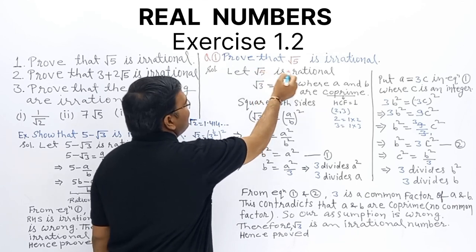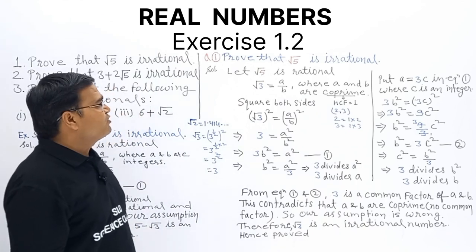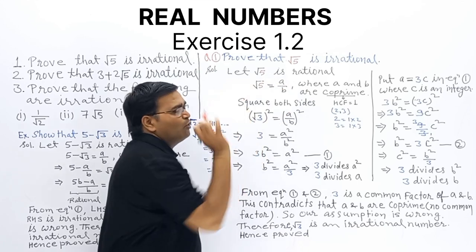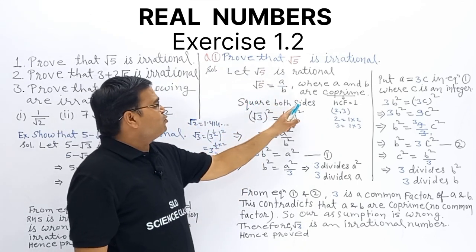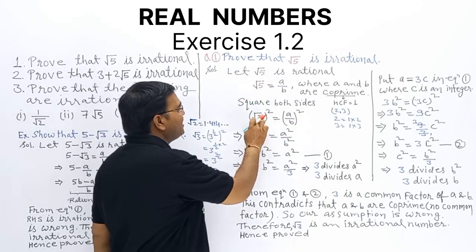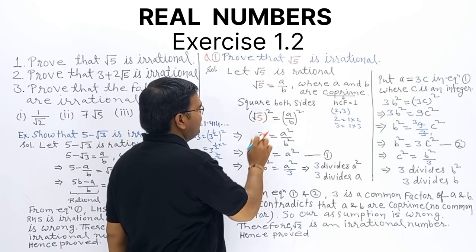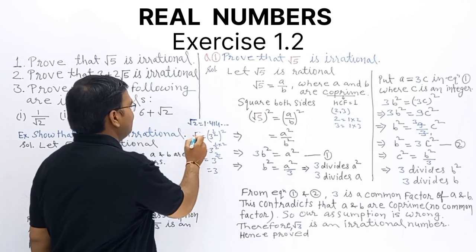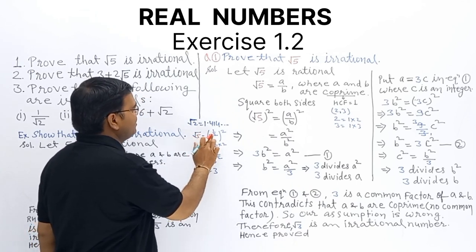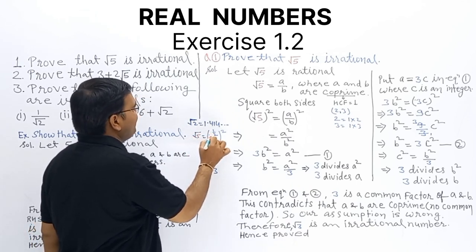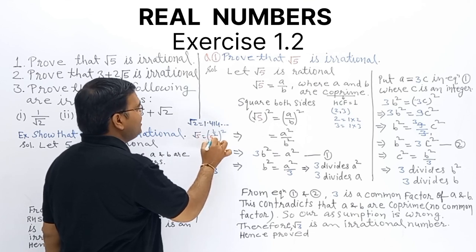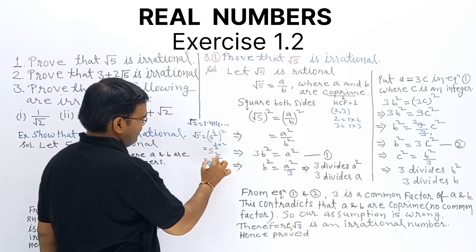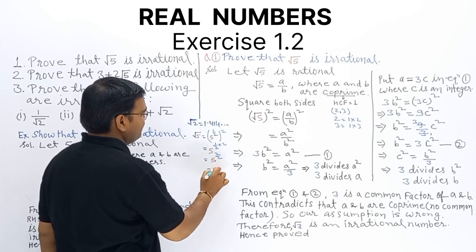Let this one be rational. So root 5 will be a upon b. We will square both sides. Then what are we getting? Just do the square. Once we put 5 there, the square root of 5, its whole square will be 5.